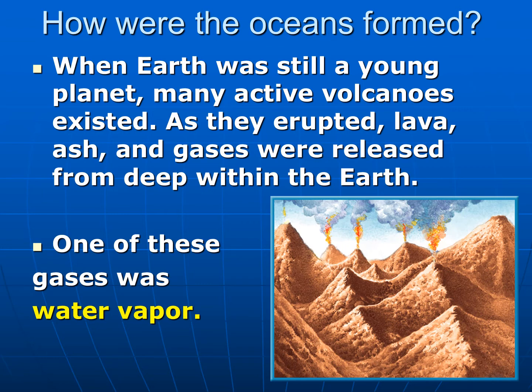So according to science, when Earth was still young, they said this Earth used to be a whole planet of volcanoes. They said as it erupted, the lava and ashes and gases were released from deep within the Earth. But one of the gases that was released is what they call water vapor.